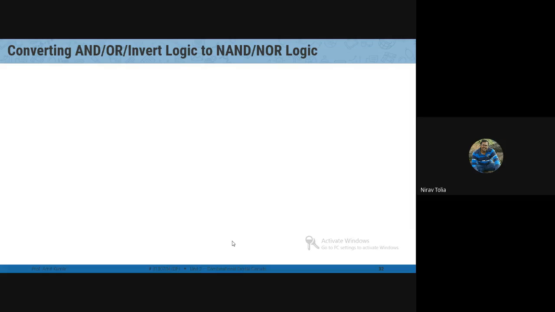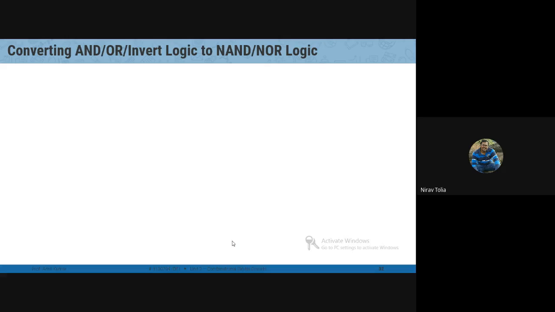So any function we can make first by AOI logic, and then you have to convert that AOI logic into NAND logic and NOR logic. And why is it necessary? Because in some KMAP examples, they say reduce the KMAP and implement the answer by using NAND logic only, or implement the answer by using NOR logic only.